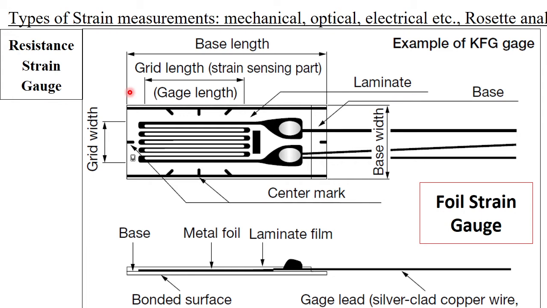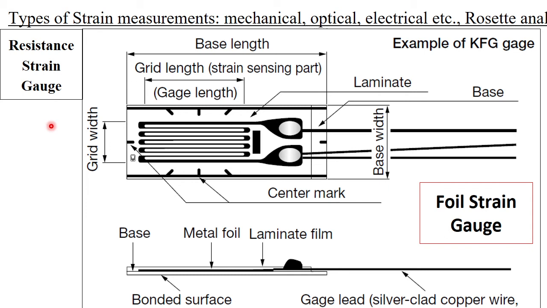Now, in strain measurement, there are many techniques, out of which we will be discussing the electrical ones. Among the electrical, there are many types like the resistance strain gauge, the capacitive strain gauge, and other types.